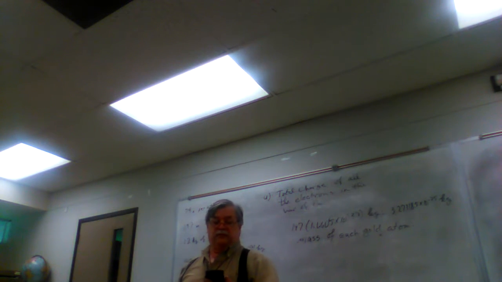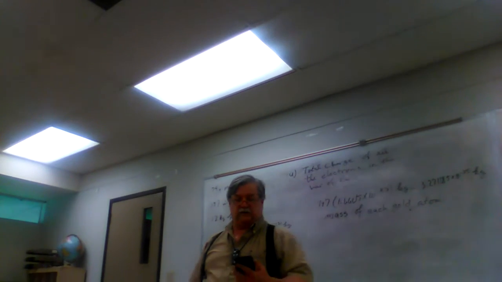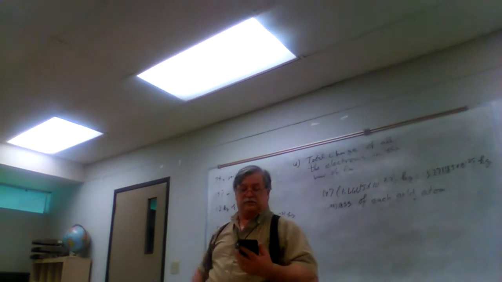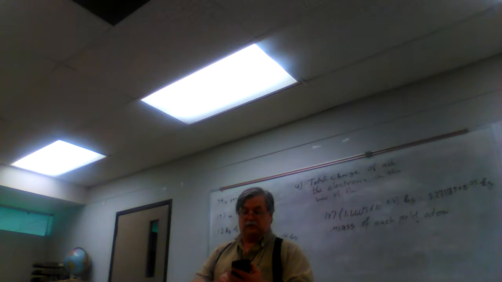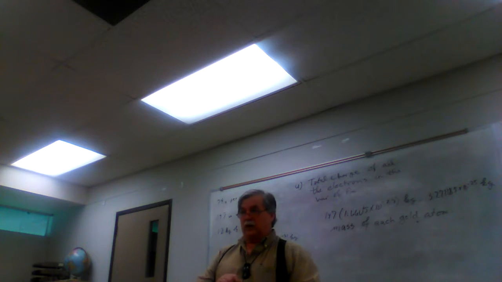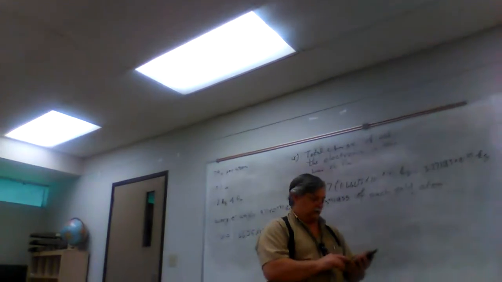Exactly. So we multiply that number, but it's actually 2.898, etc., times 10 to the 27 electrons, don't round it yet, times 1.6022 times 10 to the minus 19 coulombs per electron.